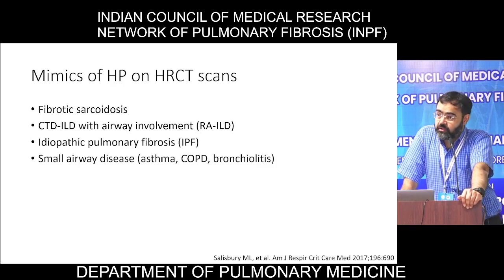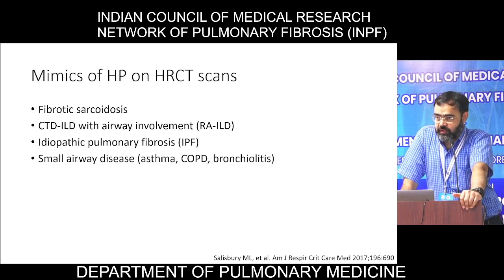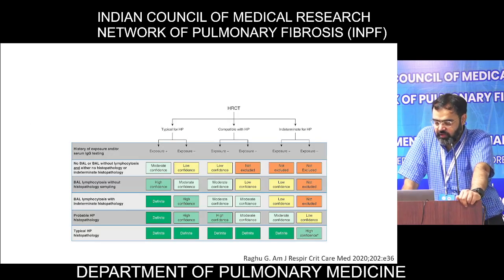So it is very important that you first rule out asthma in such cases. A good inspiratory scan will not show ground glassing in asthma. So GGOs are not a finding in pure asthma.